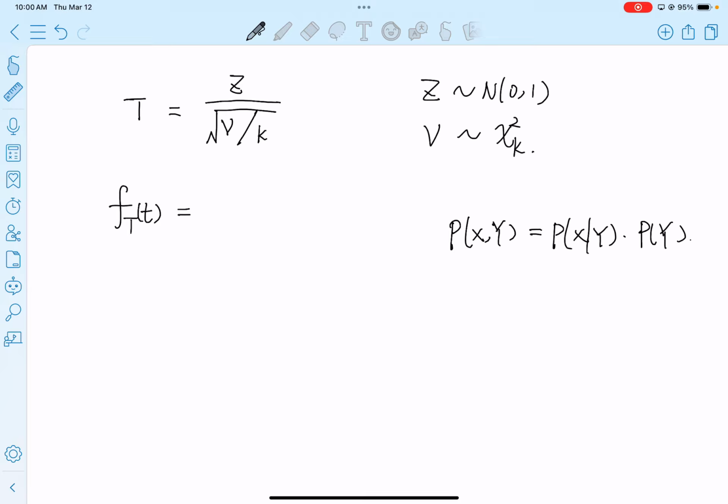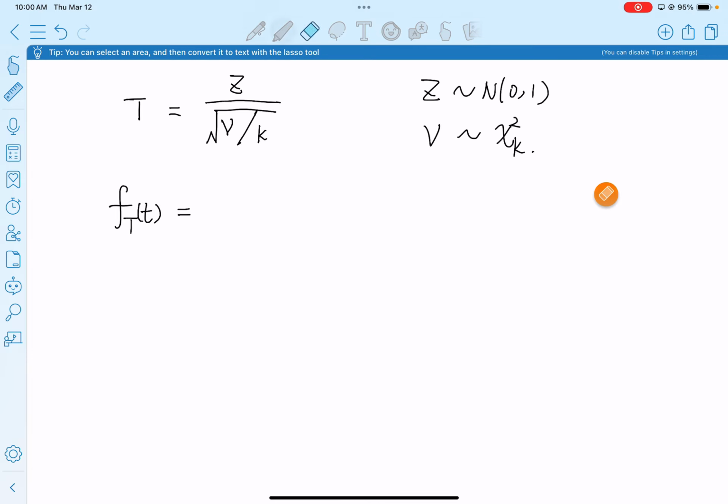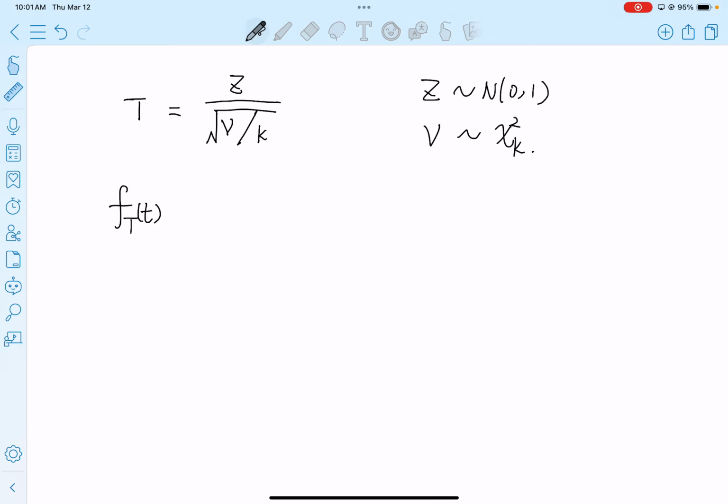So this is the joint, and then we have the conditional and the marginal. The method of transformation works on the joint distribution, but in the end we are going to obtain the marginal distribution for the T random variable. That is our goal here: more explicitly, we want the formula for the density function of the new transformation T.